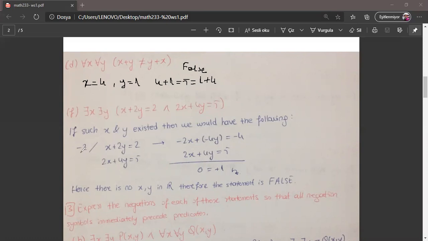If you multiply the third equation by -2, we obtain -2x minus 4y equals -4. If we add these two equations, we obtain 0 equals 1, which is not correct, obviously. So there is no such x and y in the real numbers, of course. The statement is false.